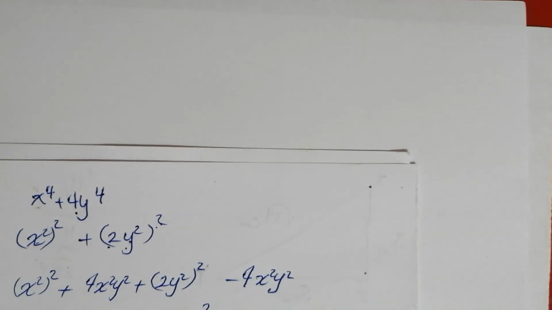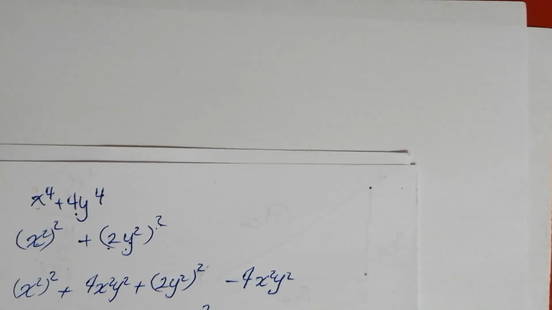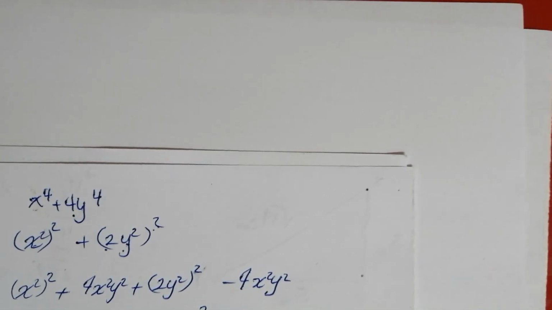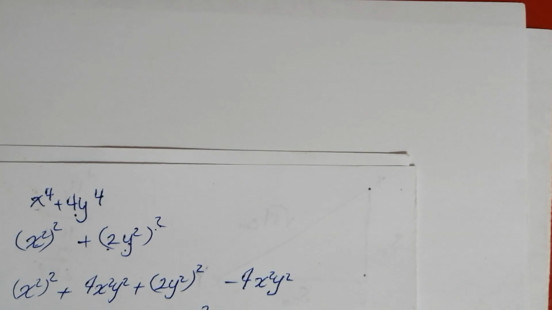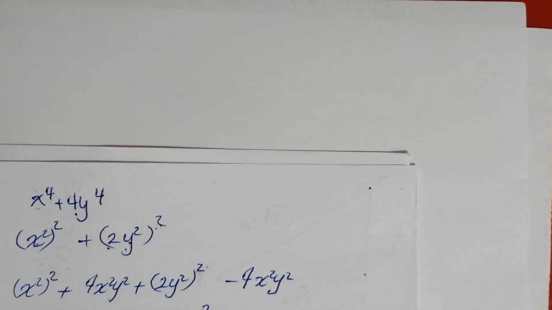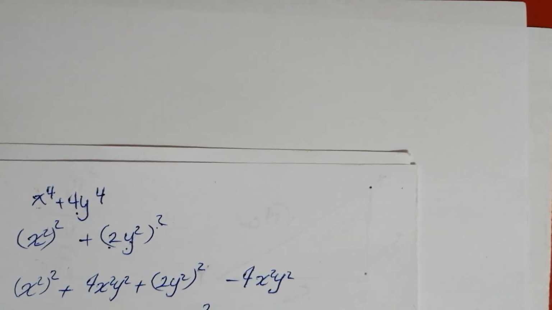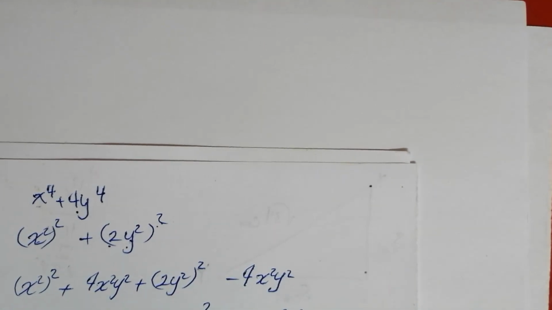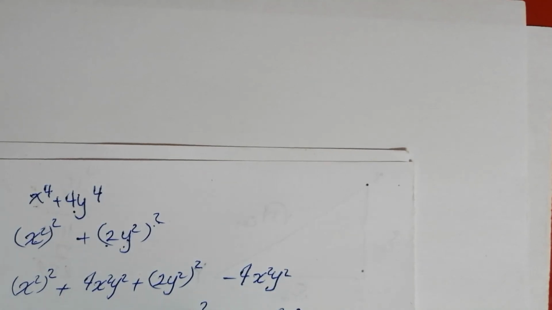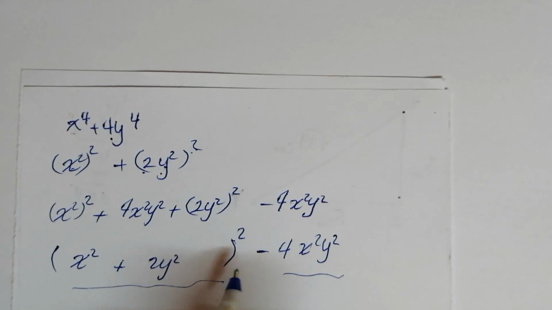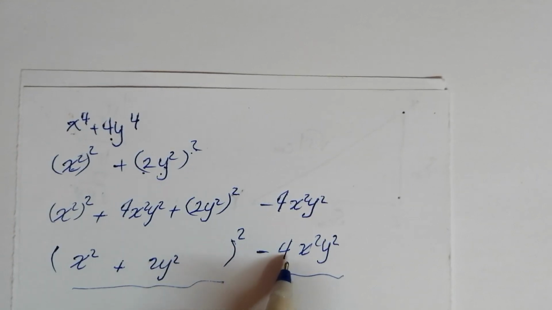Do we have another factorization method? Yes, concentrate very well. We have x squared plus 2y squared all power 2 minus 4x squared y squared. We have the difference between two squares. This is the first term, and this is the second term, and the first term is squared and the second term also is squared.